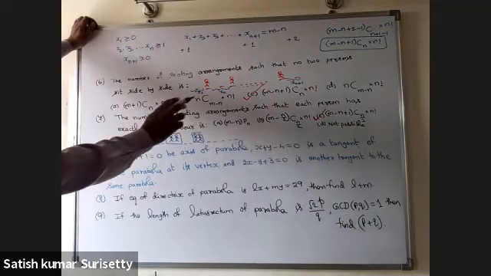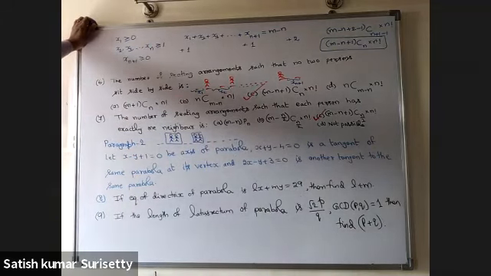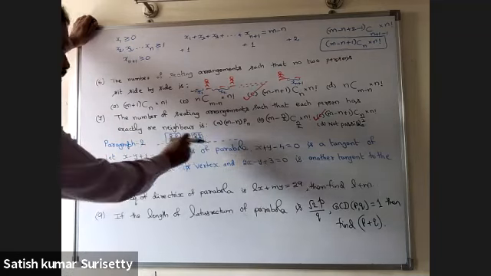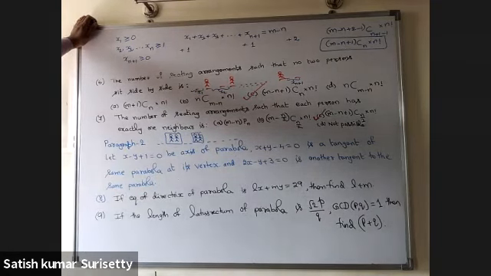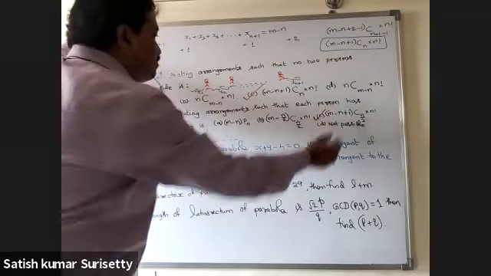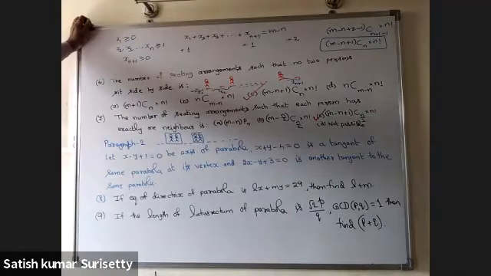Then you can say that exactly one neighbor will be there for each person. So you pair the persons such that no pair is consecutive, and you can apply it in the same manner. Then you'll get the answer m minus n plus 1 C n by 2 into n factorial.